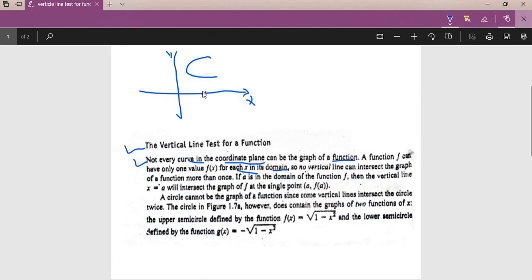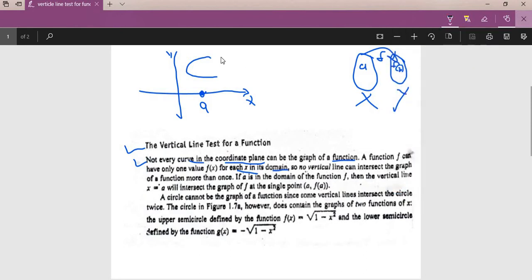Let's say this is point A. The Venn diagram of this function will be like this: this is A. So there is a unique f of a in the set Y, where this is the set X, and this is the function from X to Y.